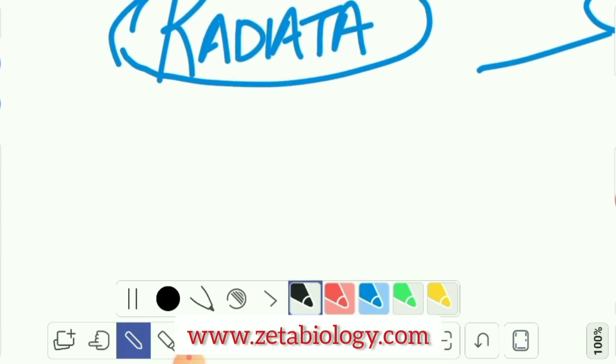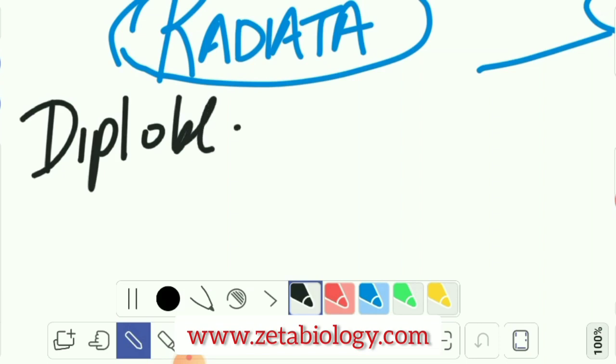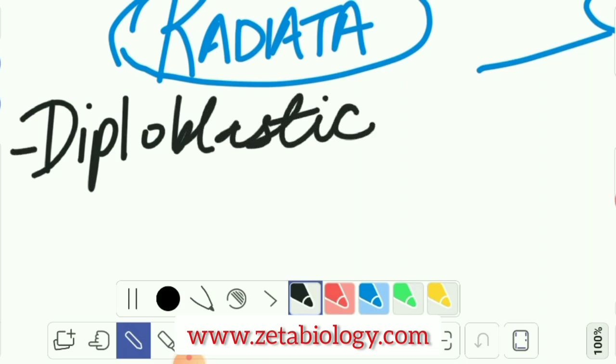Now Radiata is diploblastic, and tissue level.